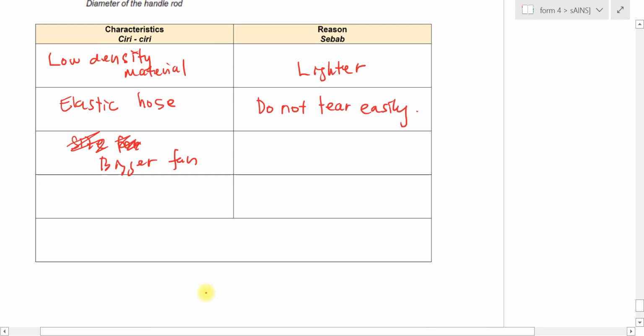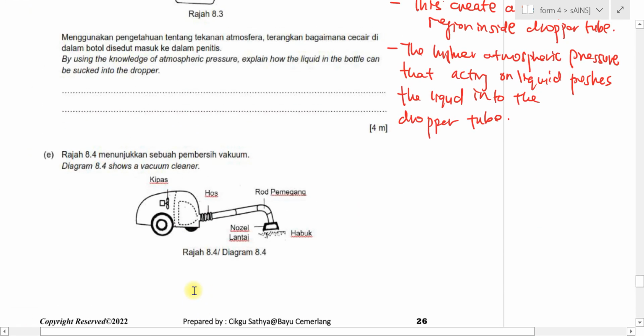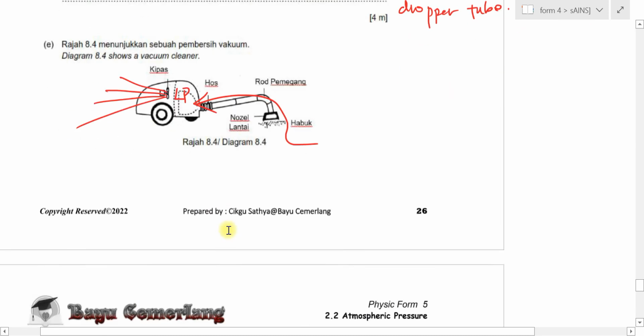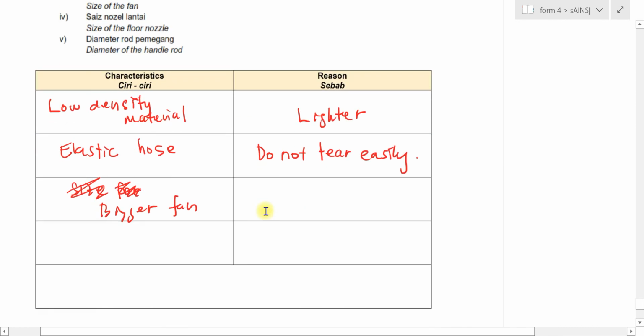Why should it be a bigger fan? You know the working principle of the vacuum cleaner. When you switch on the vacuum, it turns the fan and sucks out all the air, creating a very low pressure area here. So the high pressure will push the dust in here. So a bigger fan so that more air can be sucked.